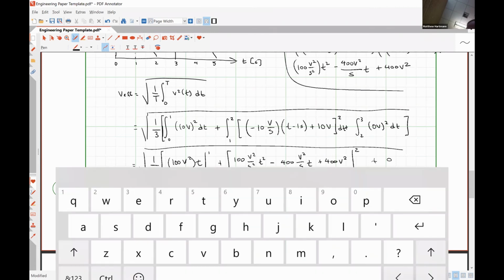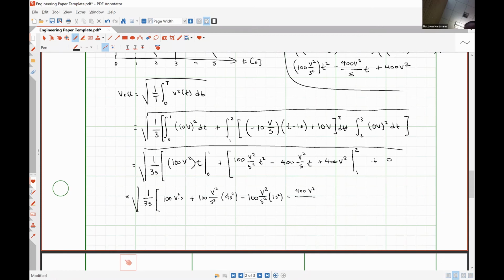So 400 volts squared per second times 2 seconds plus 400 volts squared per.